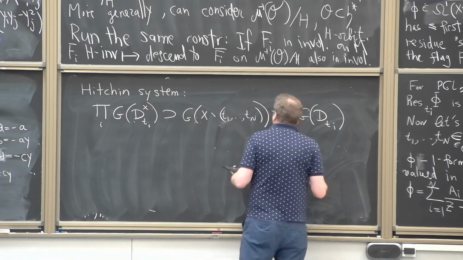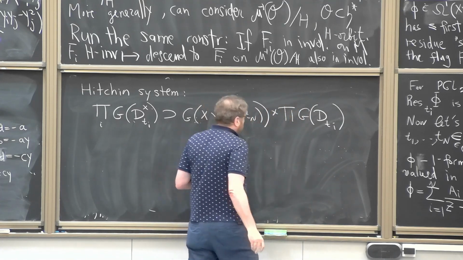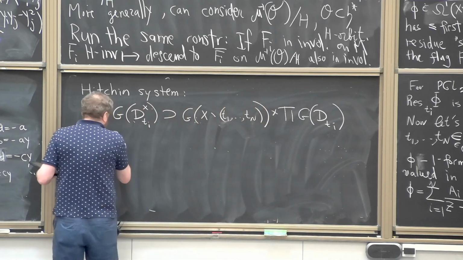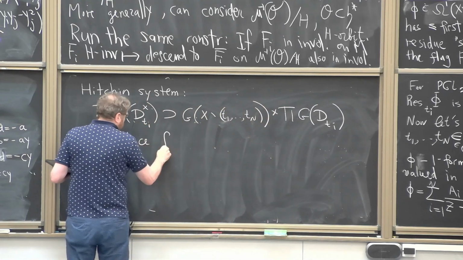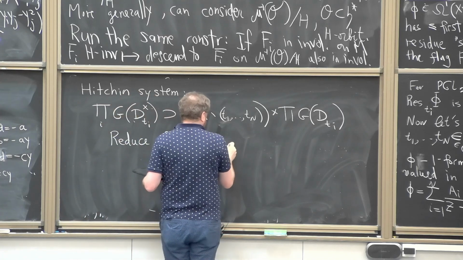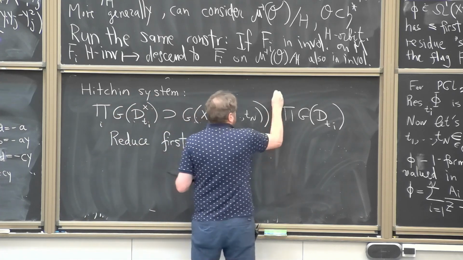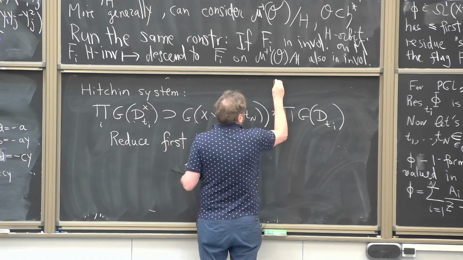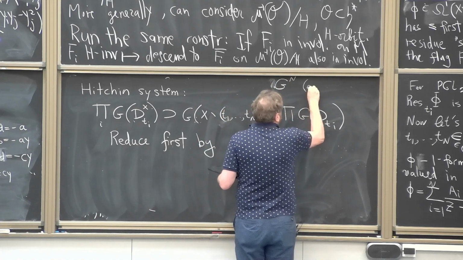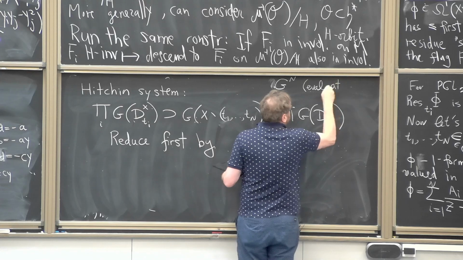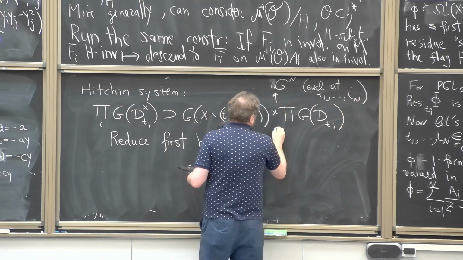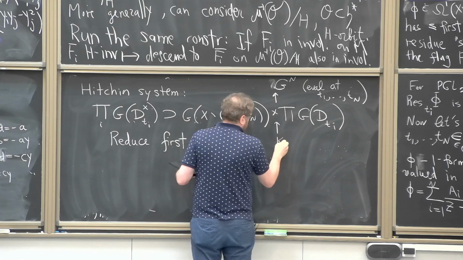So we can do reduction. Reduce first by the kernel: this maps to G to the power n by evaluation at t_1 through t_n, and there is some kernel of this evaluation.